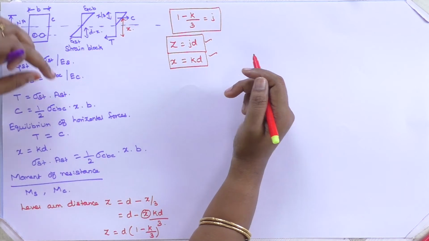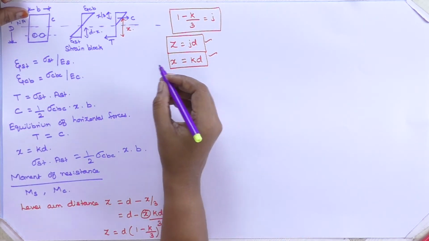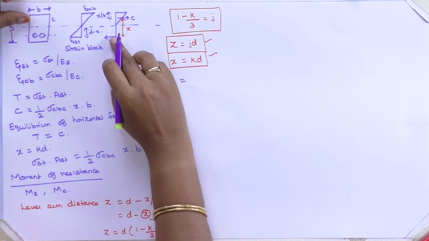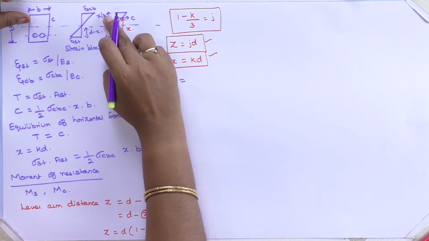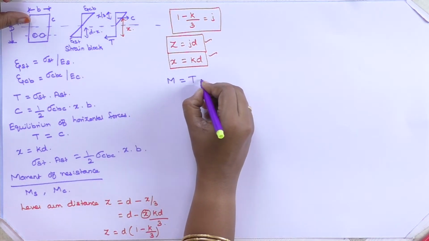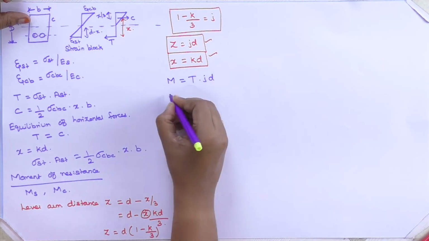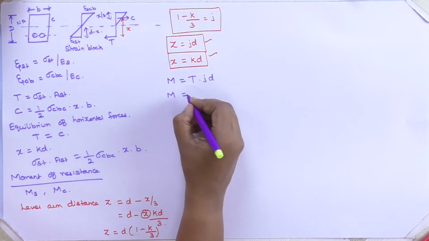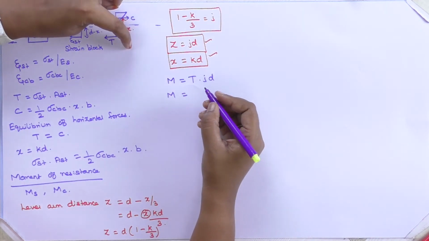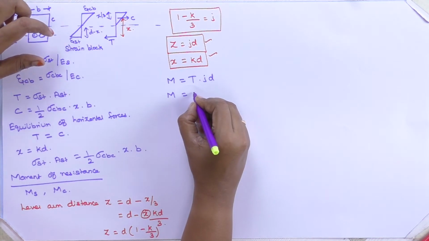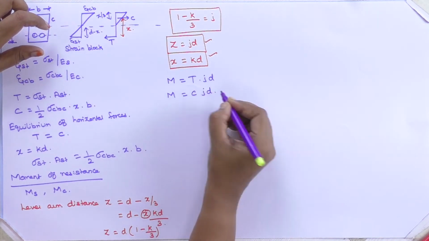MS and MC. Moment M is equal to, we can take it from T times JD, or else moment of resistance due to concrete, that is C times Z or C times JD.